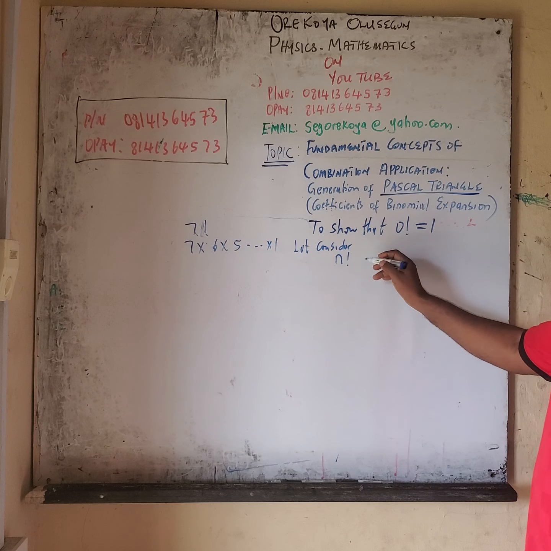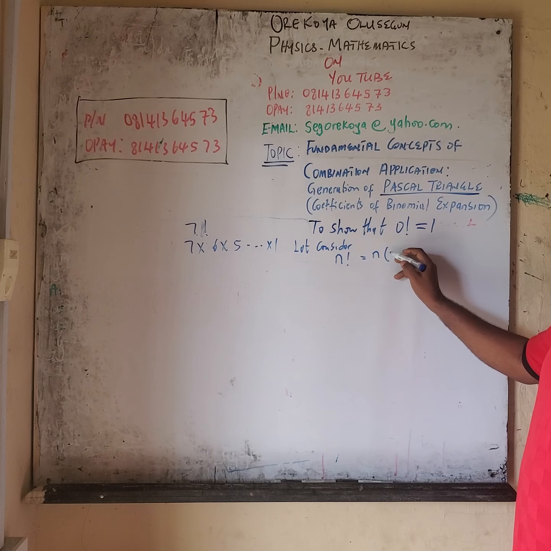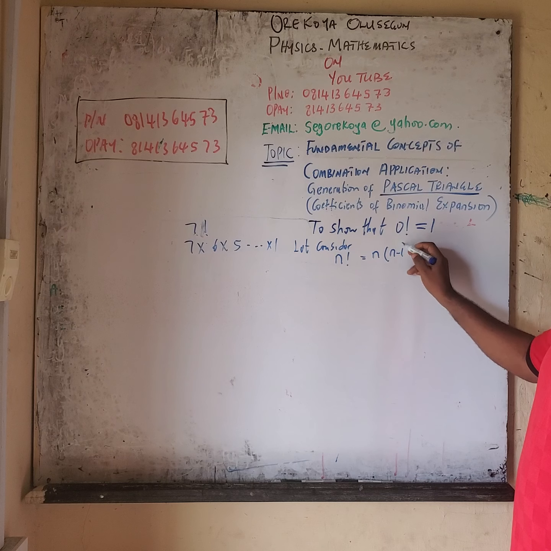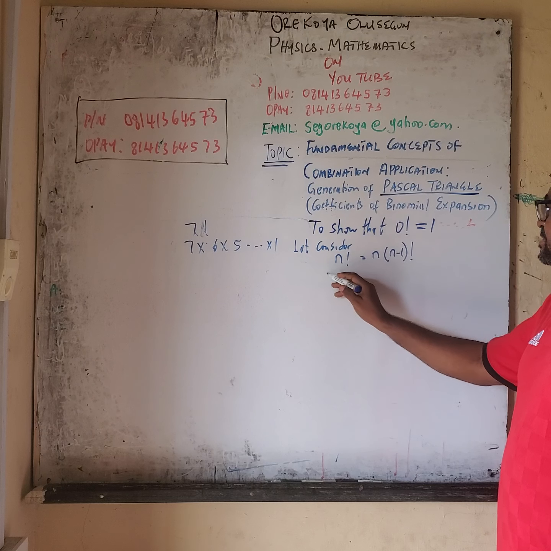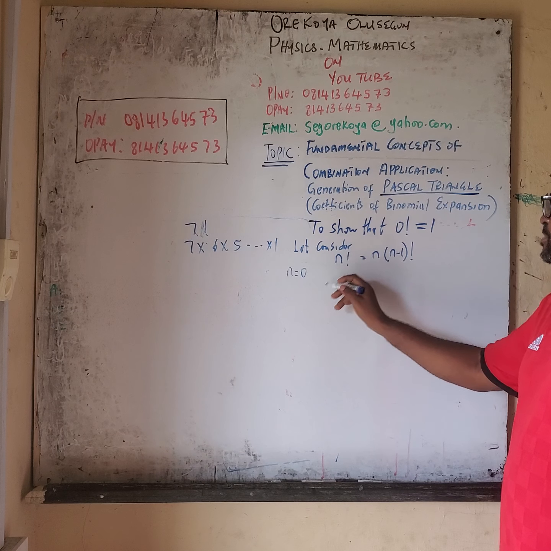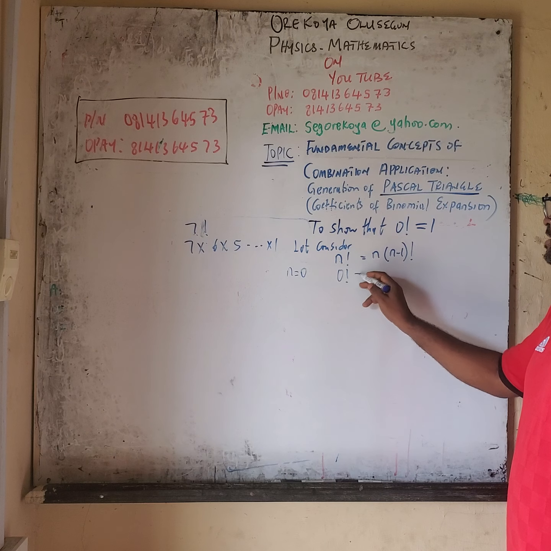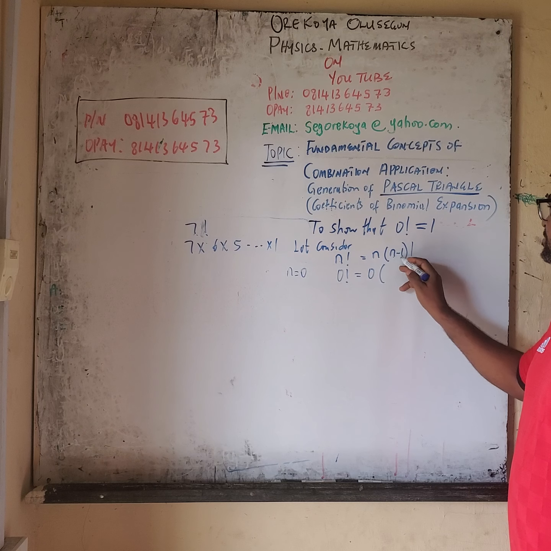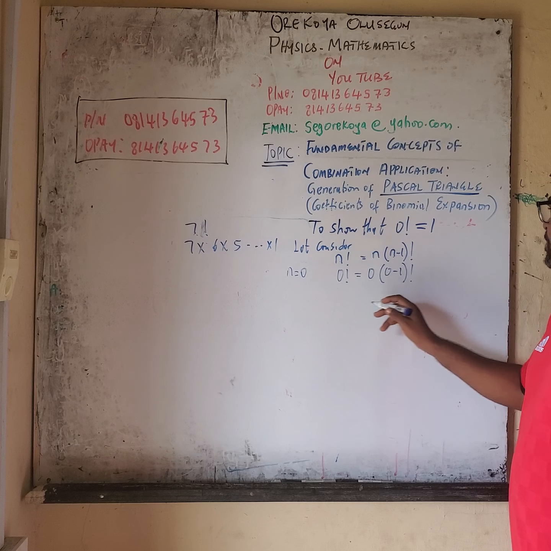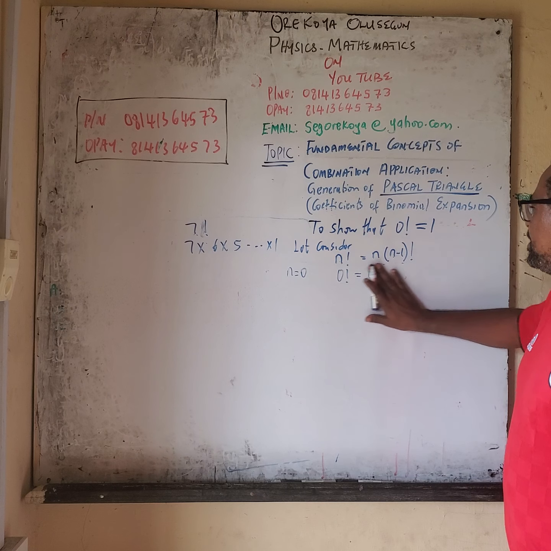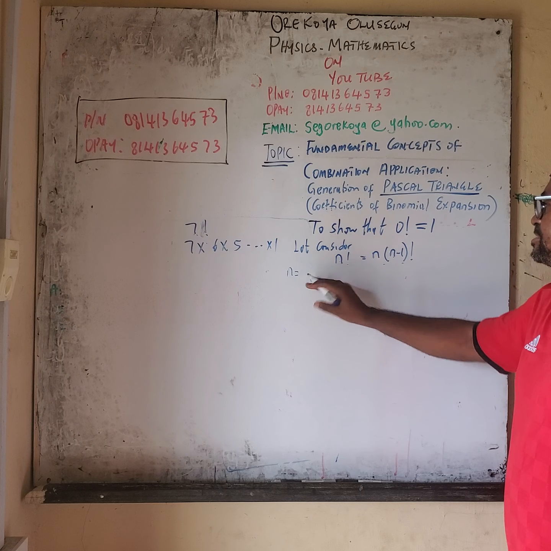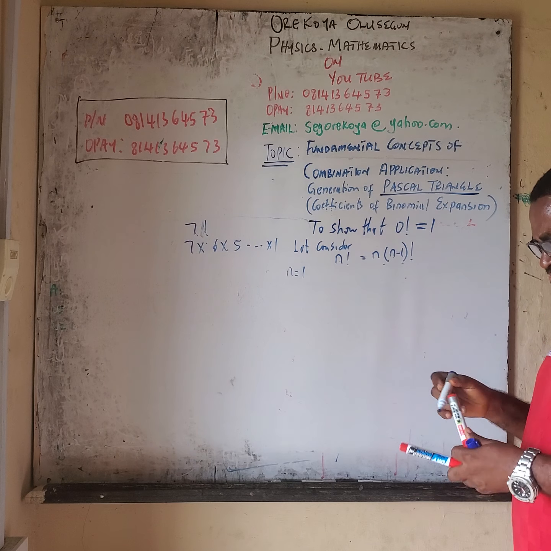So n factorial can equally be written as n times n minus 1 factorial. Now, if n is equal to 0, then I have 0 factorial is equal to 0 times 0 minus 1 factorial. So now, let n be equal to 1.